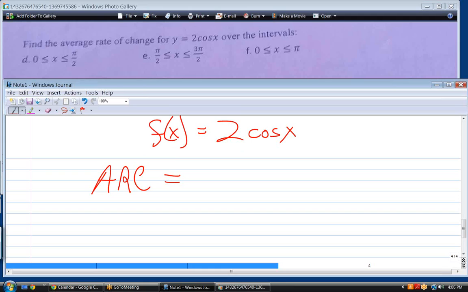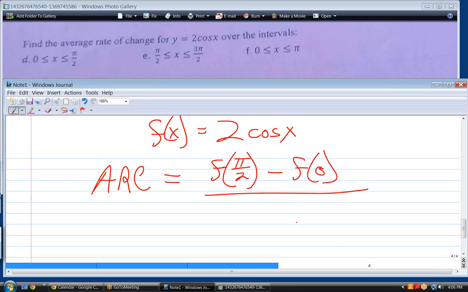So let me make it f of x. Give me the average rate of change in terms of f of x. Would be 0. Hold on, let's do it this way. F of pi over 2. What's the next one? F of 0. Good.